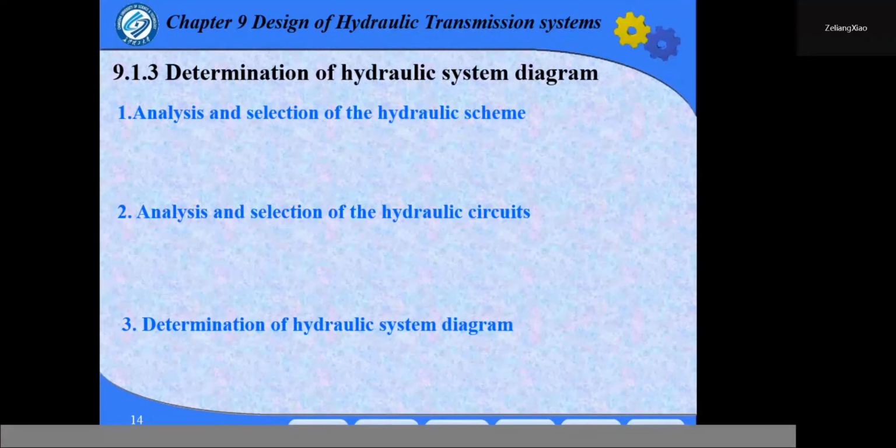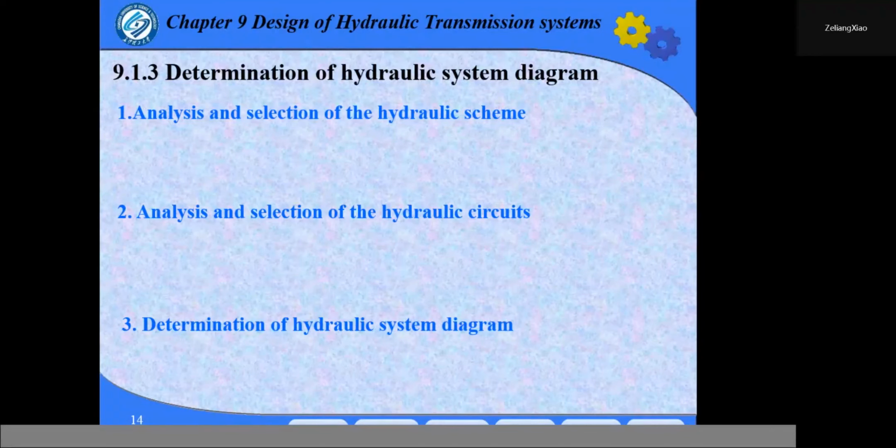It includes the hydraulic system of machine gears, speed regulating, and speed exchange circuits, because of the speed range, the speed characteristics, and other factors.